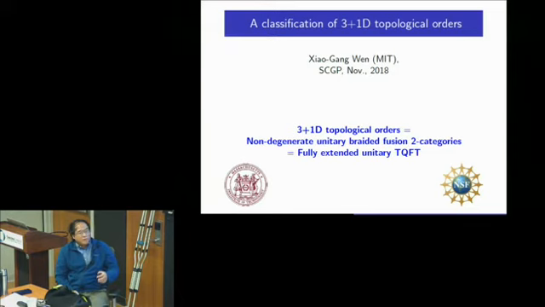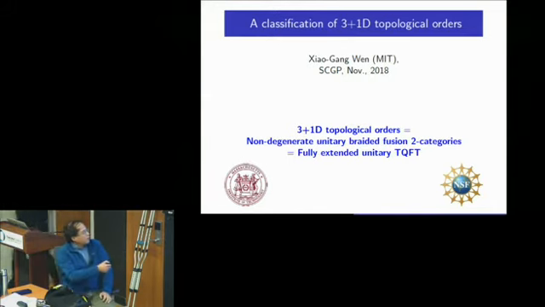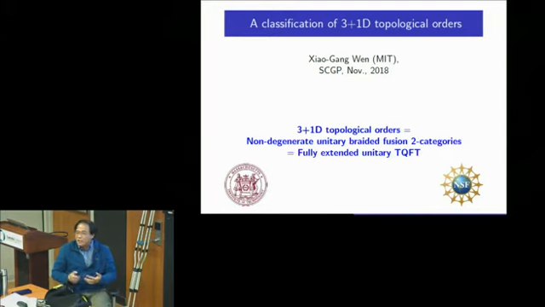And for a long time, we were puzzled about how to have a systematic theory for 3-dimensional topological order, or for 4-dimensional TQFT. Basically, whether there's a systematic understanding of 4-dimensional TQFT or 3+1 dimensional topological order.